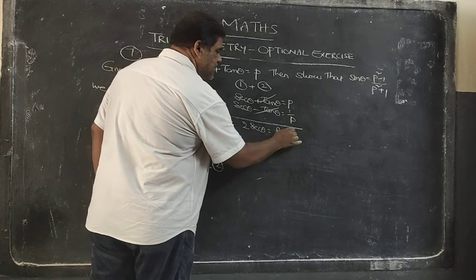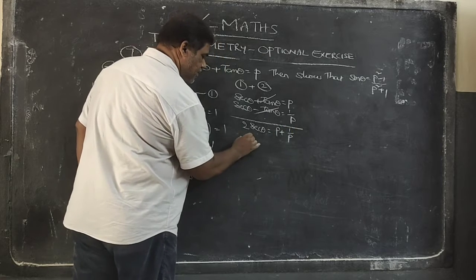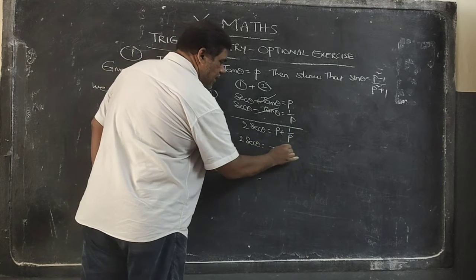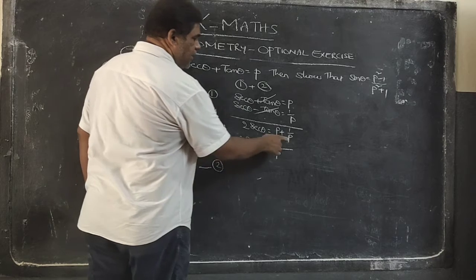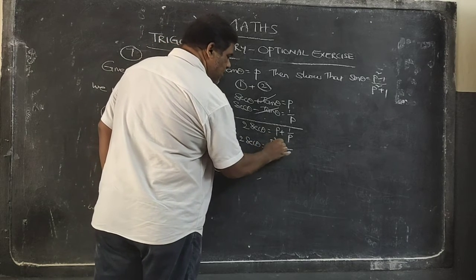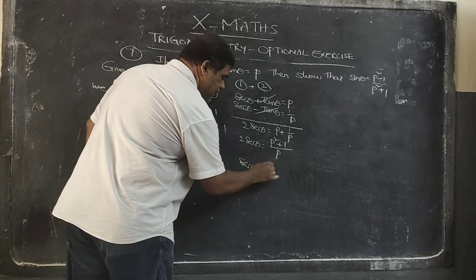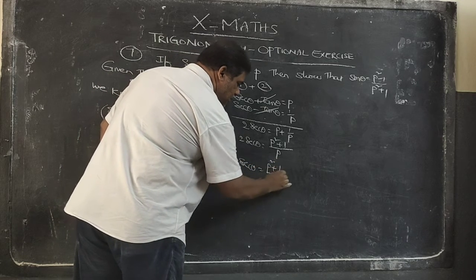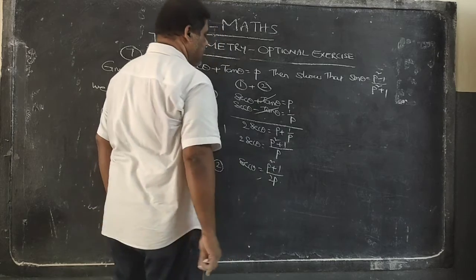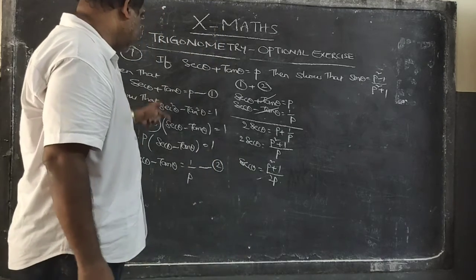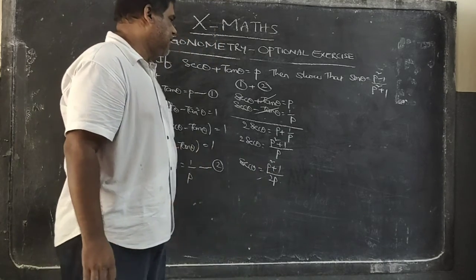This is P plus 1 by P. Here LCM is P, giving (P² + 1) by P. This 2 you have to send this side. So we get secant θ is equal to (P² + 1) / 2P. So when we add the first and second equation, we got the secant θ value.